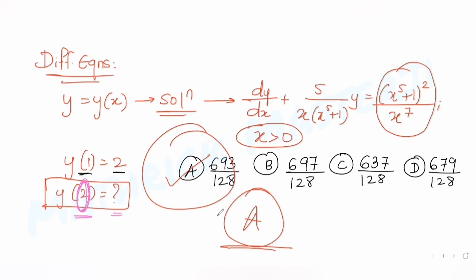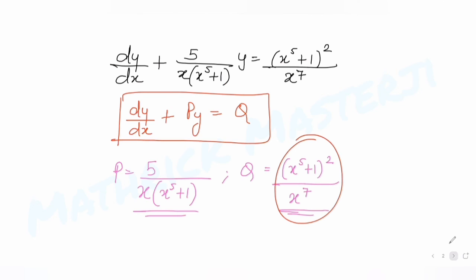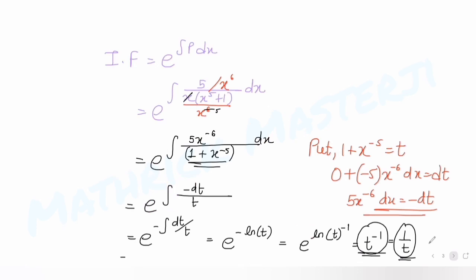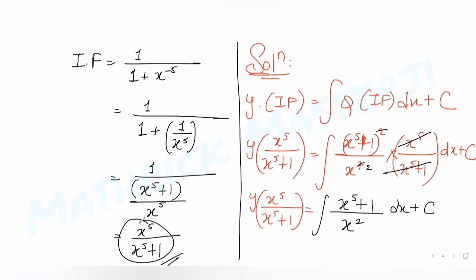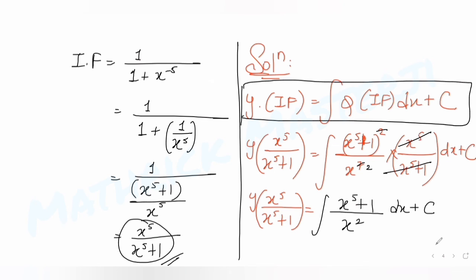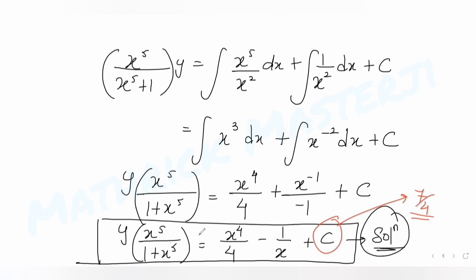I hope you have understood how to solve this type of question on differential equations. We were given a differential equation in this form. Once I had that, I got the values of P and Q. I found the integrating factor, and solving the integral, I got the integrating factor as this. Then I used it to find the entire solution of the differential equation.